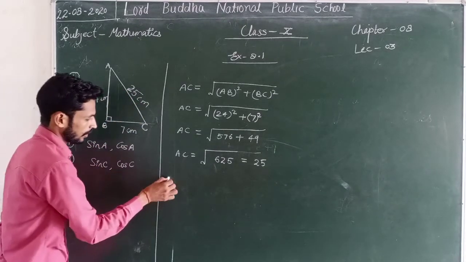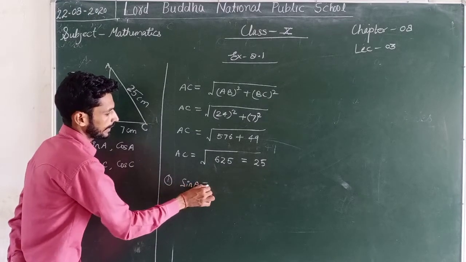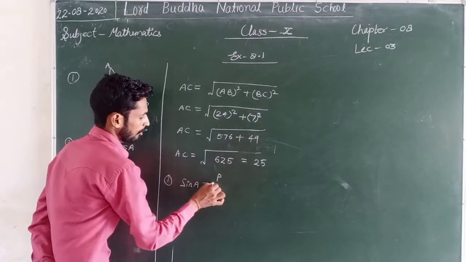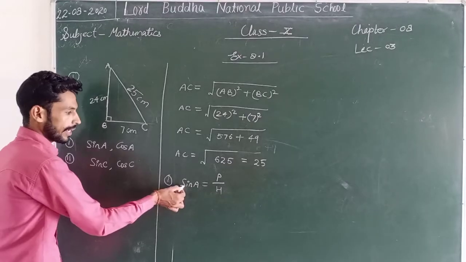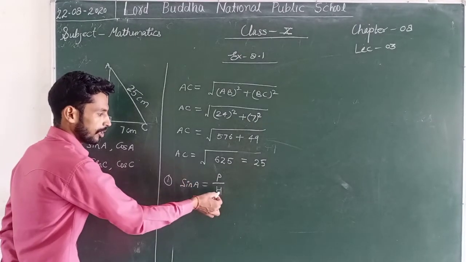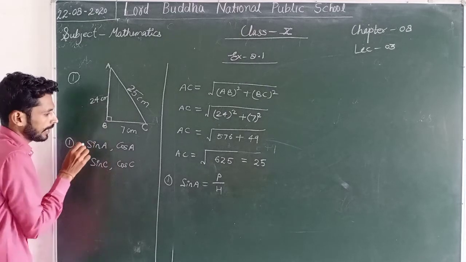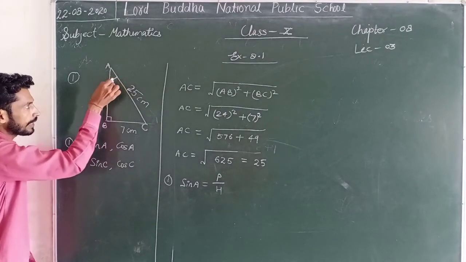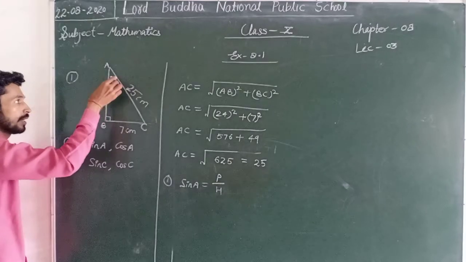Now we can find the value of sin A, that is equal to the ratio of perpendicular upon hypotenuse. One more thing to remember, we are taking angle A here.